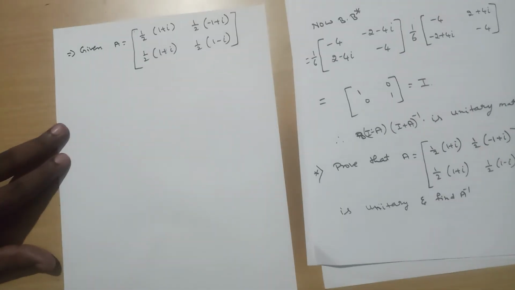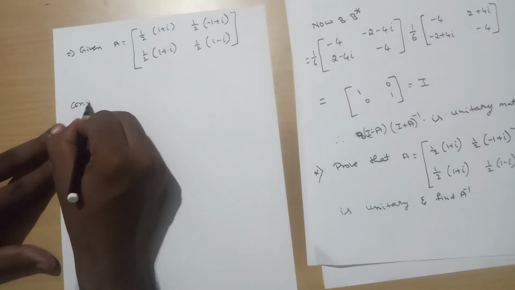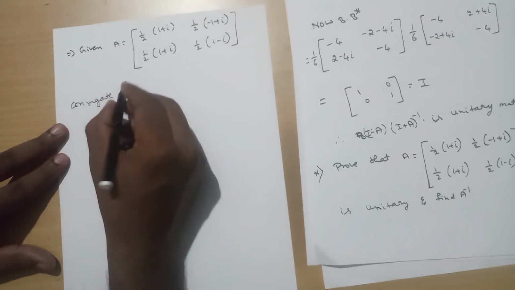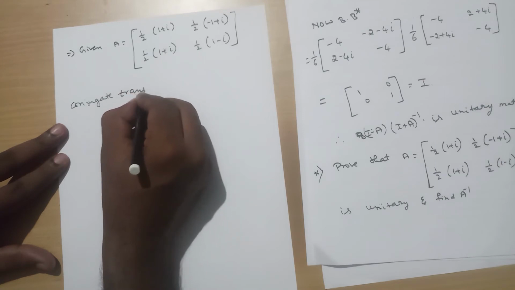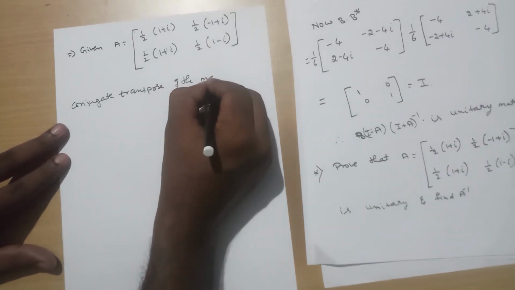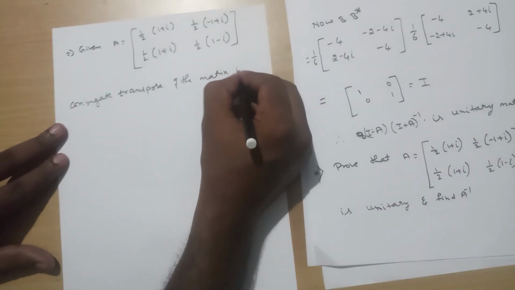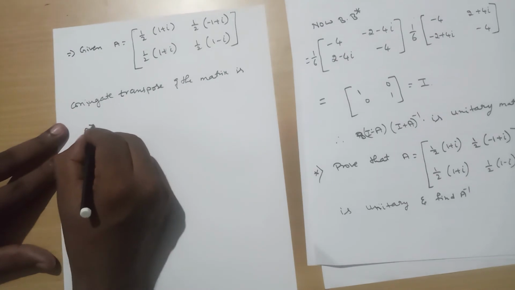So you have to take the conjugate transpose of the matrix, which is A star.